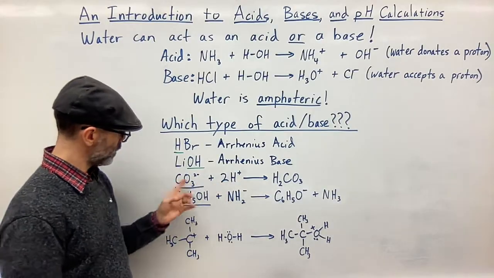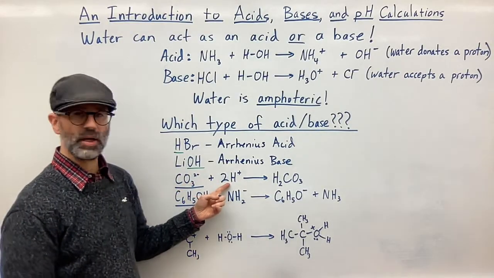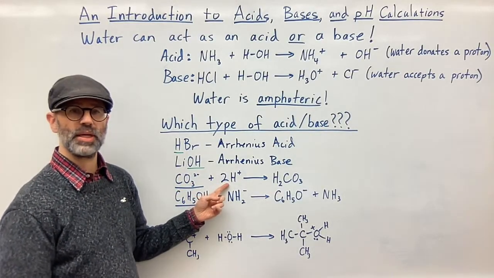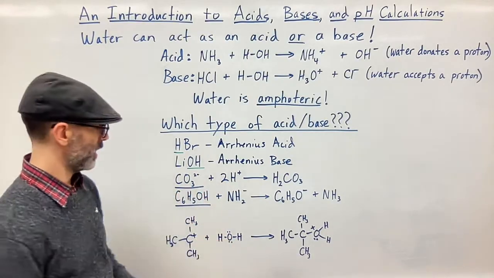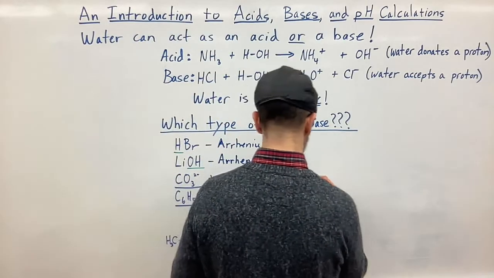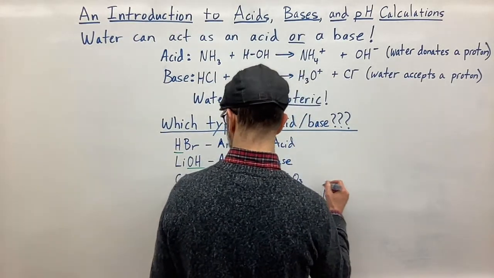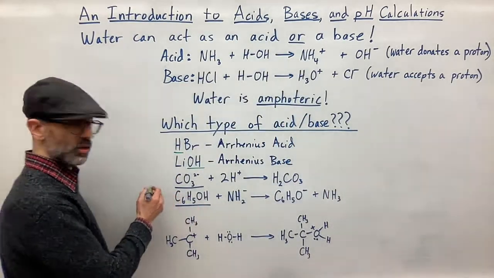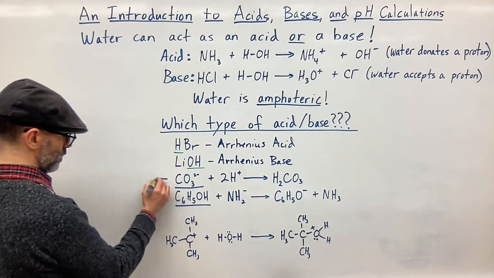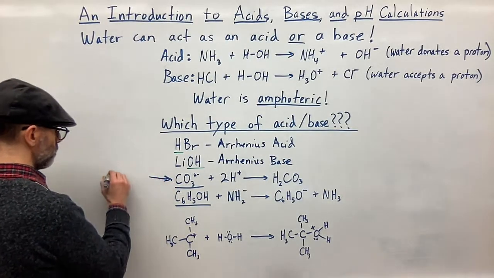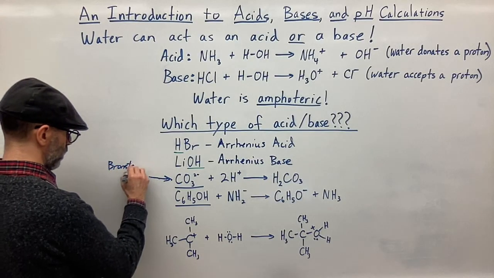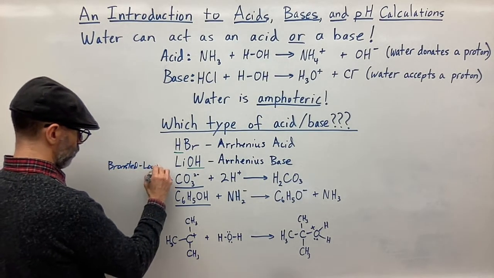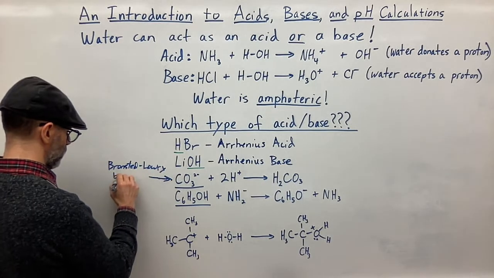Now, because this is picking up the 2 H plus, that means it's going to be a base of the Bronsted-Lowry kind. So it's a Bronsted-Lowry base. So I'll write it over here. So this is your Bronsted-Lowry base.